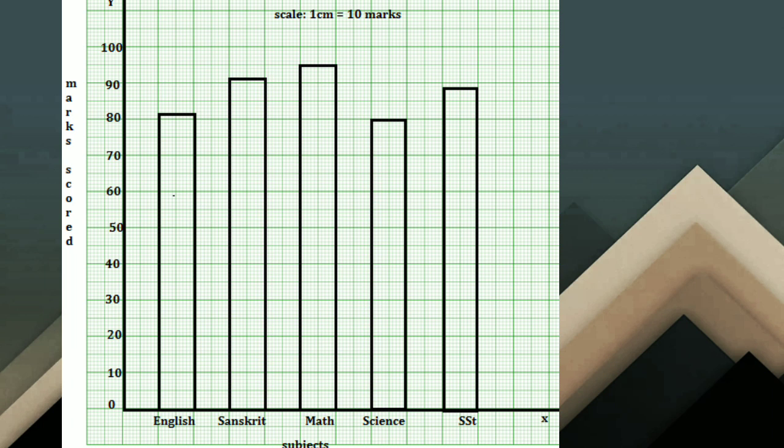Now, as you can see, it represents English marks, Sanskrit marks, maths marks, science and social science. You could see the space between them is the same, and their heights are different. The length of the bar or the height of the bars are different, which depicts the marks scored by Celine in each subject. Okay, so once we have seen this, now we read the question.